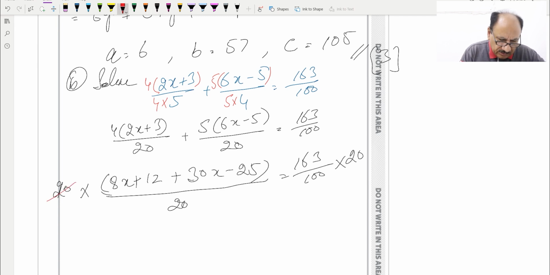So we will cancel this 20 by this one, and this 100 by this, and this will be 5 here as denominator.